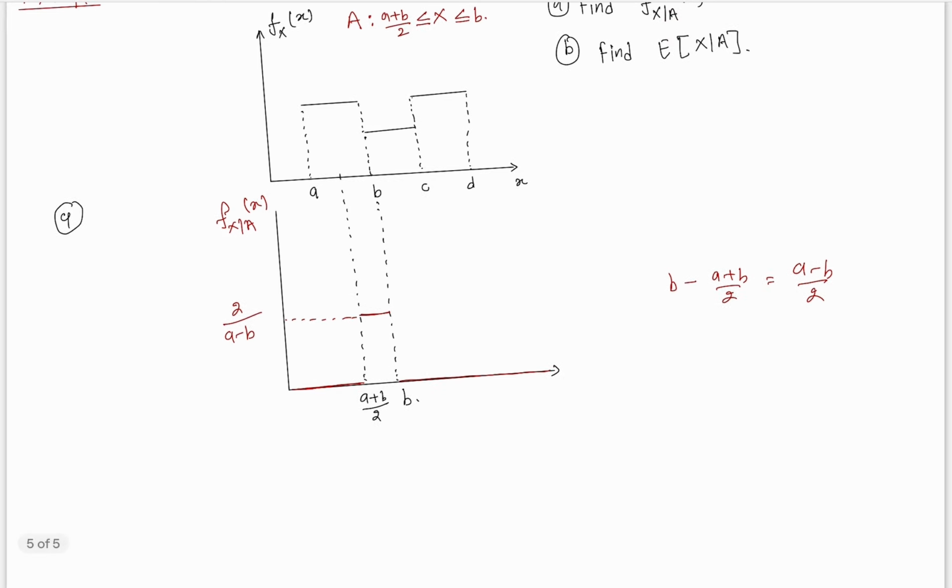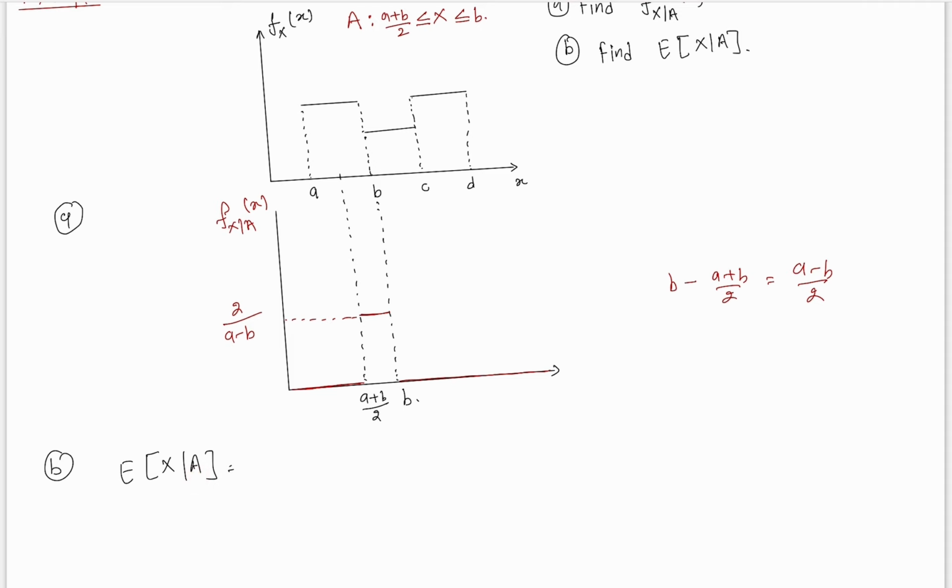Let's proceed further and find the conditional expectation of this random variable x given this event A. Again, the idea is the same. How do we find the expectation? If it is in the conditional universe, then we make use of the conditional PMF or conditional PDF.